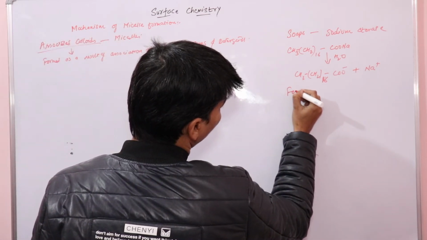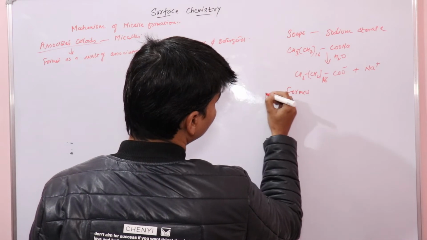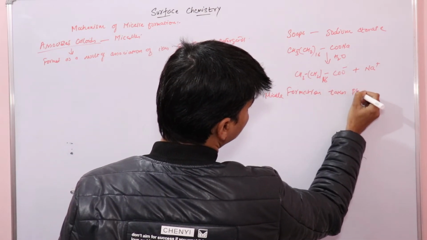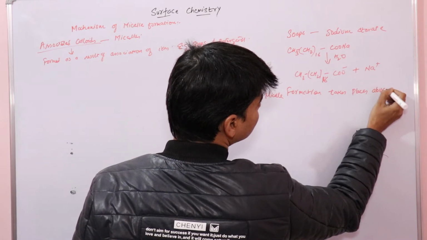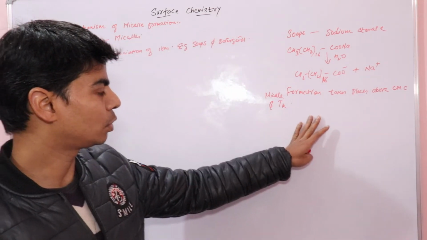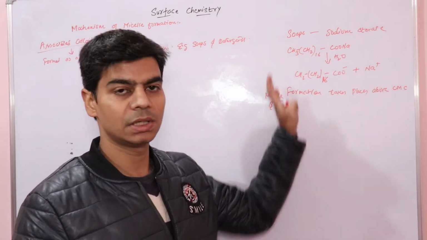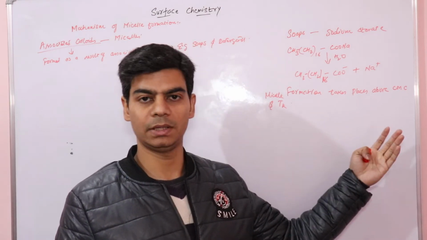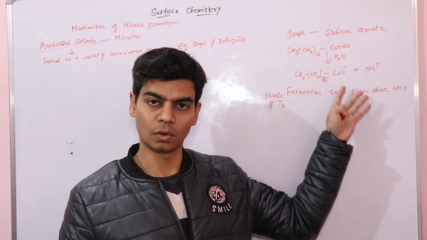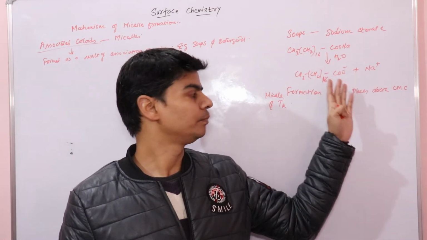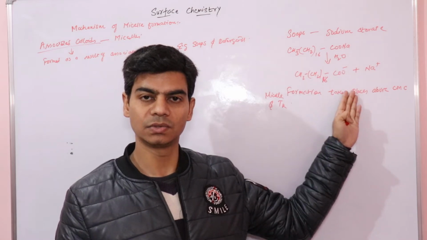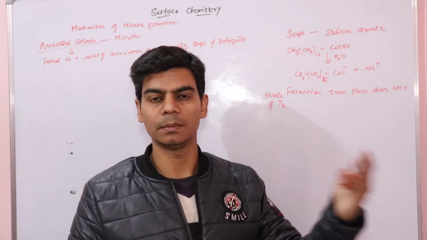So micelle formation takes place above CMC and TK. It is important to remember that at low concentration these soaps behave like simple strong electrolytes, but when you increase the concentration of soap in water above the critical micelle concentration, the ions in soap start aggregating or associating to form micelles.